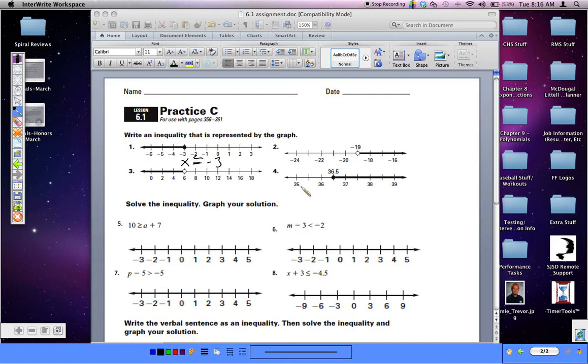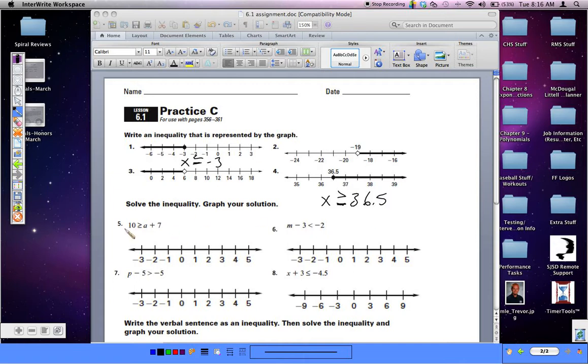So notice if we jump to number 4, variable is closed, so it's equal to, and because it's going greater than, the alligator wants to eat the variable that's represented. The number is between 36 and 37, so that would be 36.5. And that's all you have to do on those.